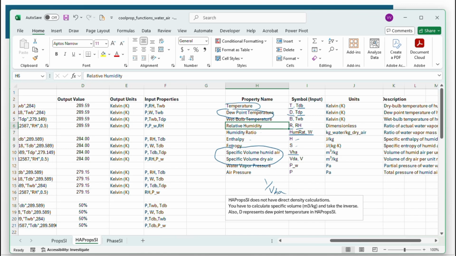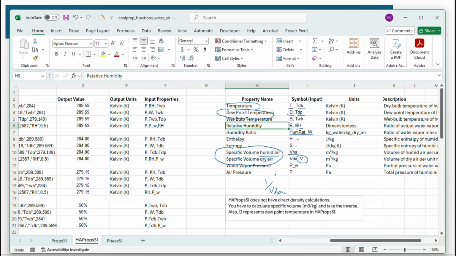So you calculate specific volume directly and calculate the density indirectly. VHA is specific volume of humid air. VDA is specific volume of dry air. You could also use V for specific volume of dry air.